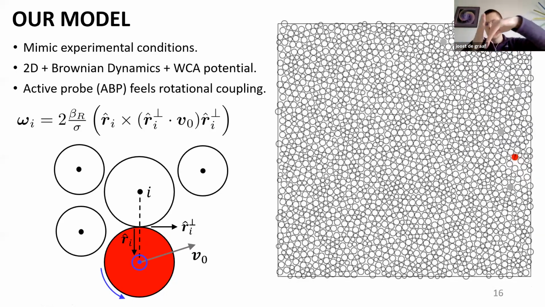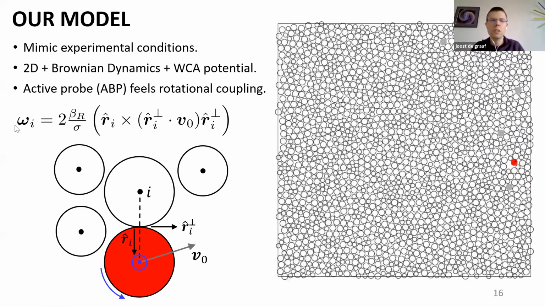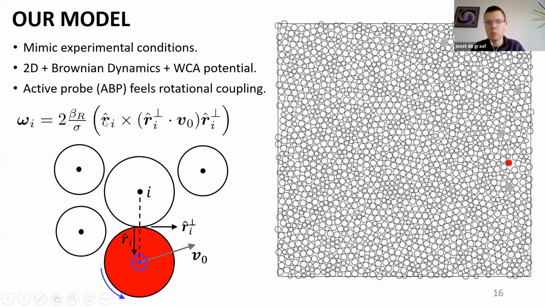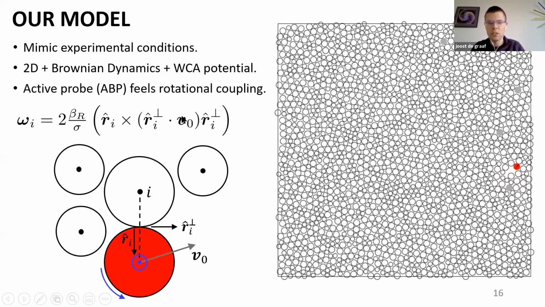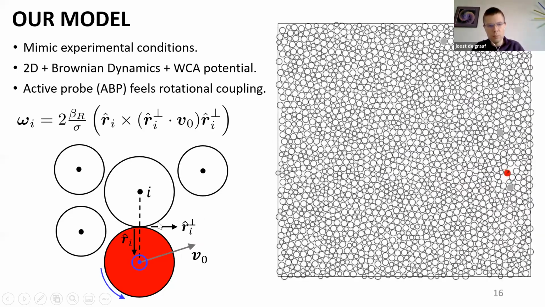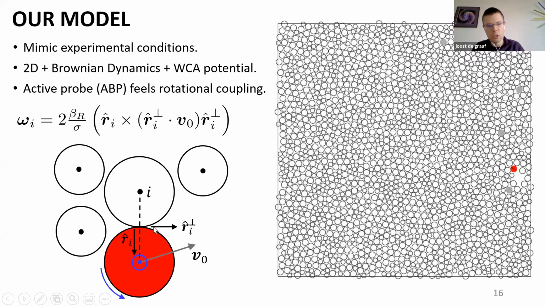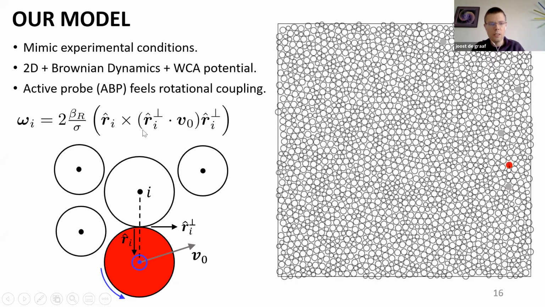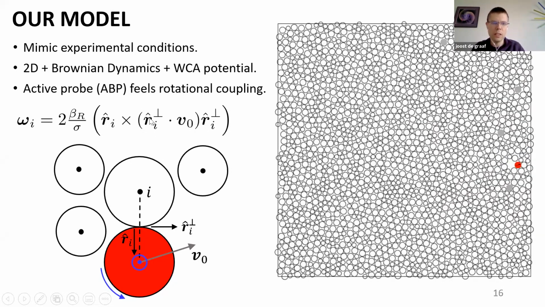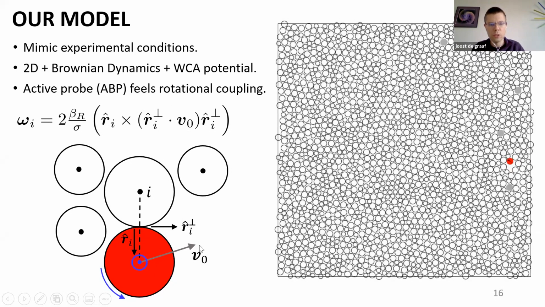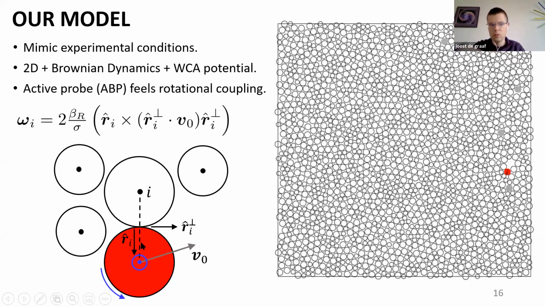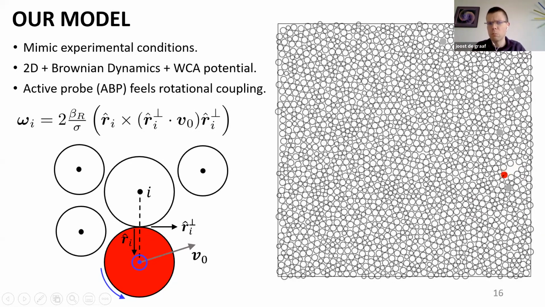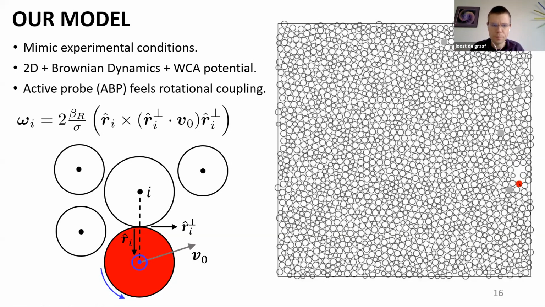And once you're in this soft interaction regime, you generate an angular velocity, which is based on a very simple rule that says you have a component which is perpendicular to the normal vector, and you project that out with the velocity, and that generates a rotation, which is essentially a rotational friction model, but it's also a very minimalistic view on this matter.